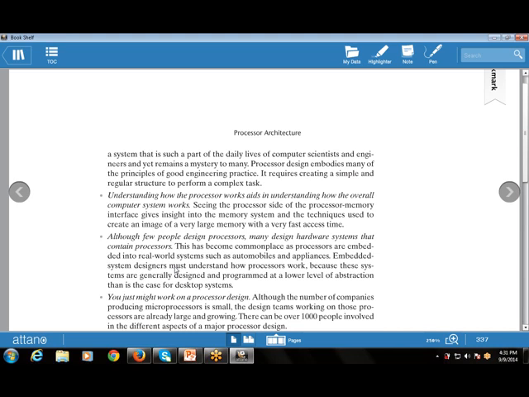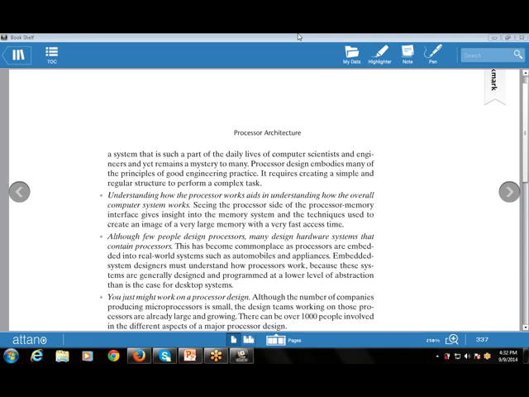Why? Very few people know the design. If I know the design, I will tell you, and if you know it, you will tell another person. That's why computers are in a growing stage, because everyone knows the architecture. If there is any problem, I am able to clear or modify the concept, which is known as processor architecture.